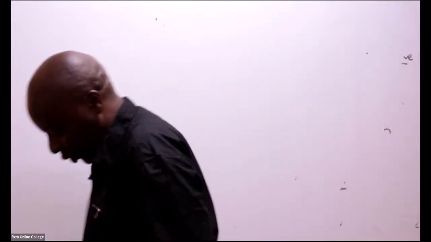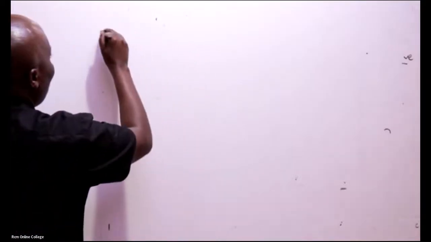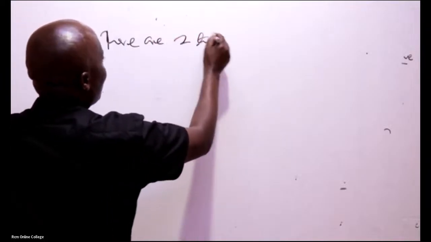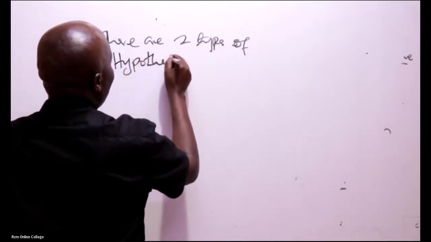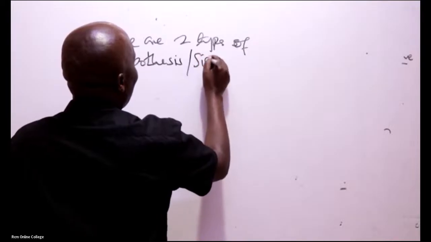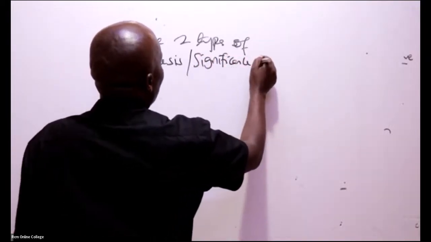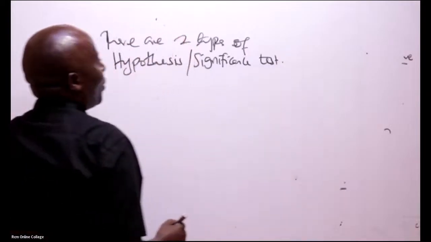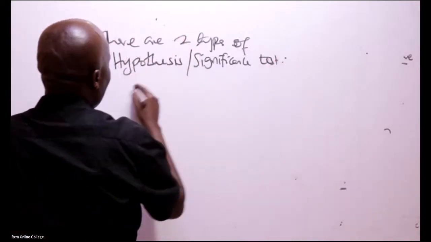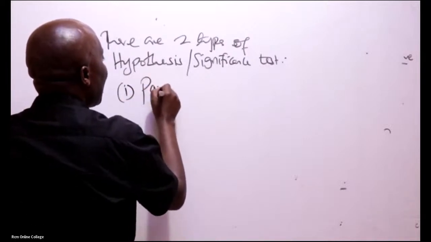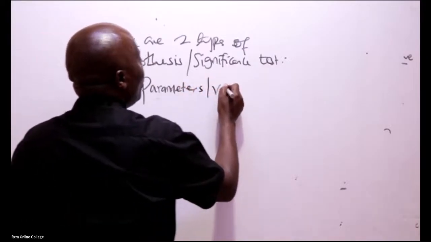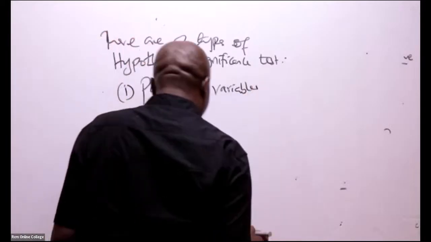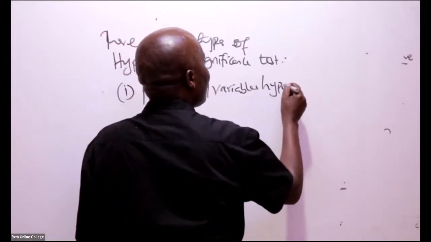In regression analysis, there are 2 types of hypothesis or significance tests. All right. So in this case, we are writing them. Number 1, we have the parameters or variables hypothesis tests.